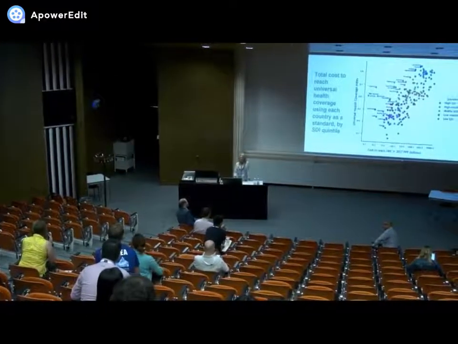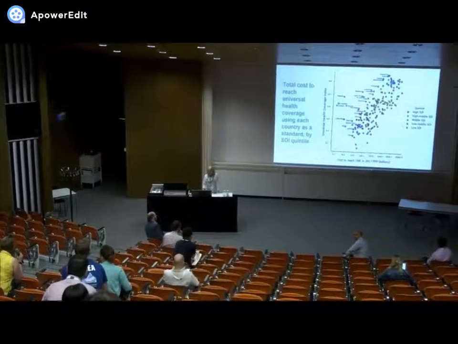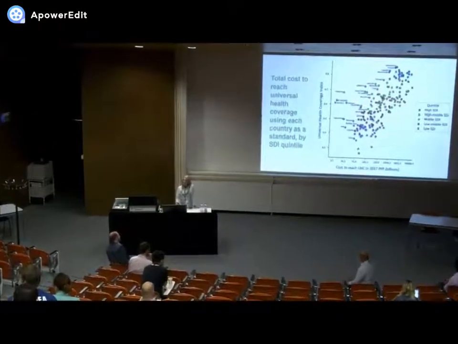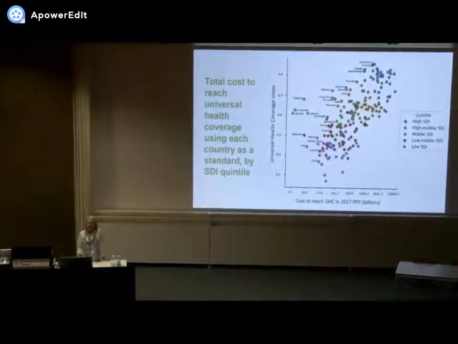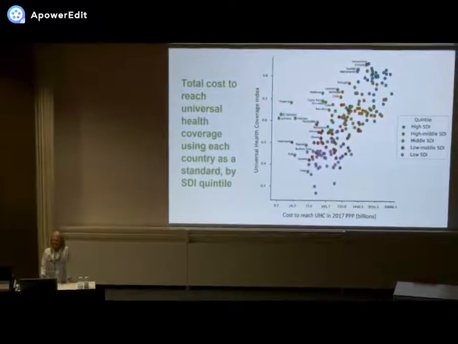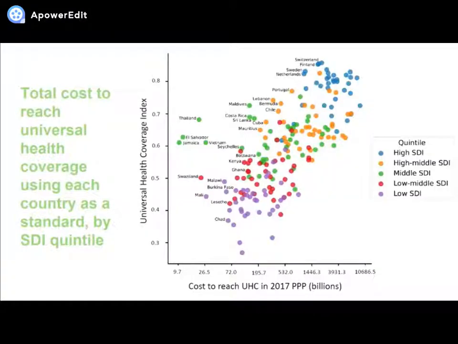One of the points you've got is Chad still sitting at 0.38 or something. I would imagine that what we're actually trying to do is move Chad up to a UHC coverage index of 0.8, 0.9, 1.0. So is the cost of $72 billion going to get them to 0.38, or is it going to get them up to full UHC coverage?